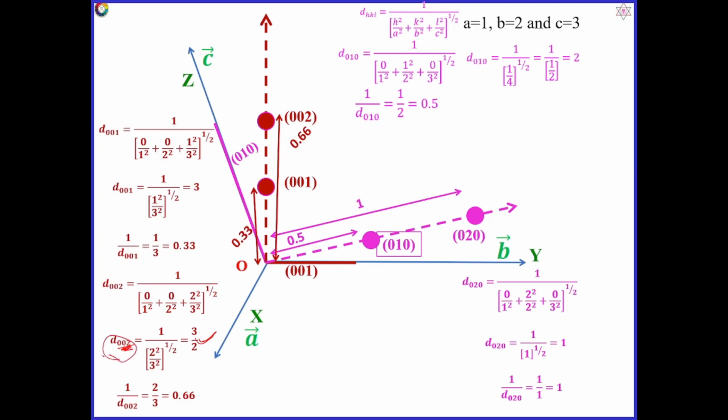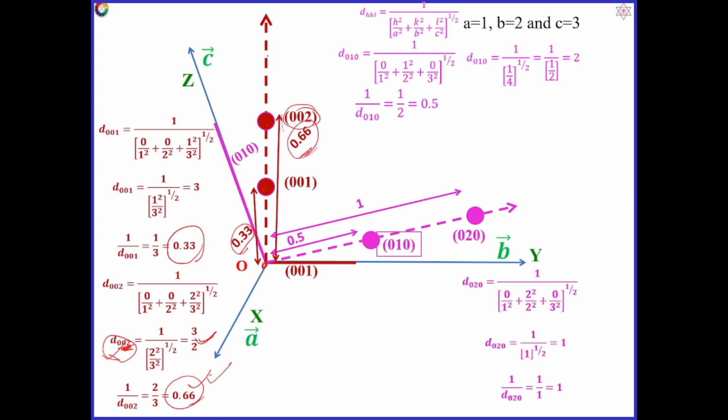Now its reciprocal, 1 by d002, we found is 0.66, just double of this value. So from this origin, if this point is located at the distance 0.33, then the 002 plane will be located at the distance 0.66.